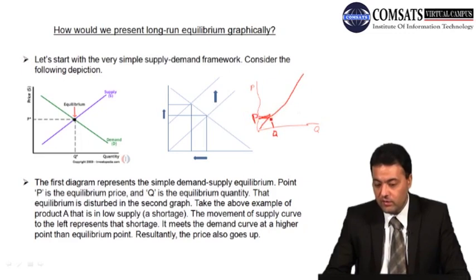At this point, when the price is this much, the quantity is this much. When the price goes up, it meets the supply curve over here, and the quantity goes up too. So once the price goes up, the quantity increases too.